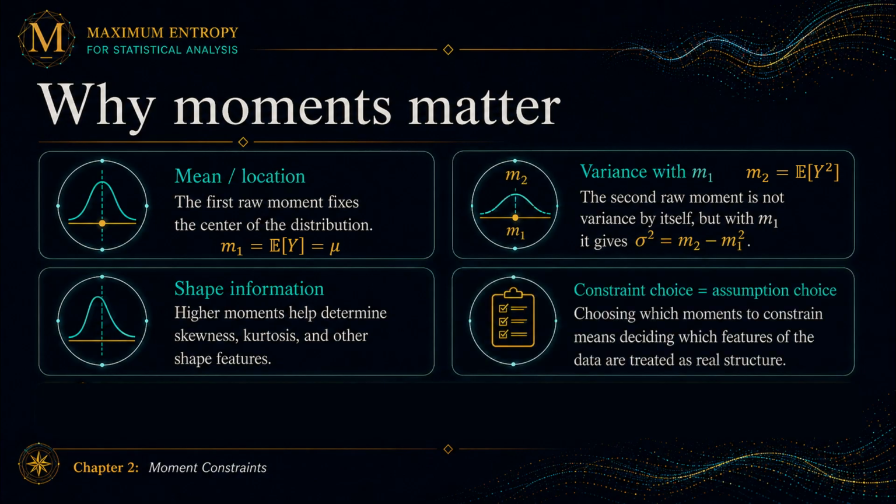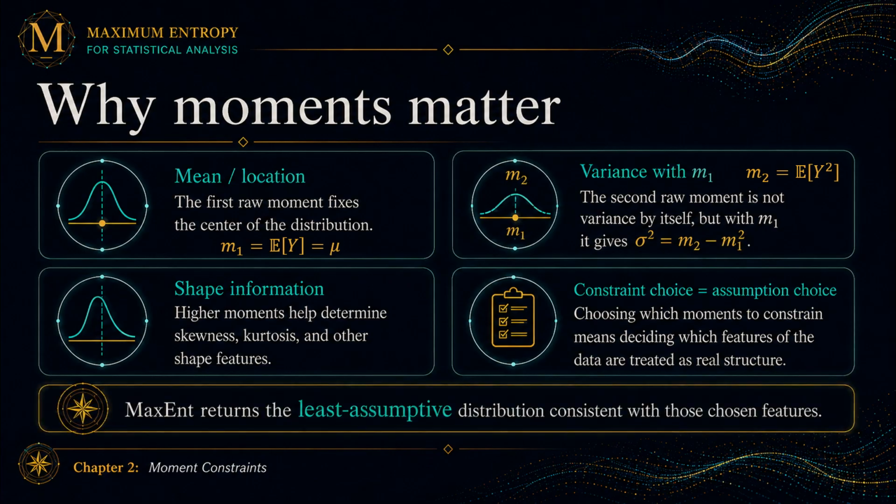Okay? Now, what's important is that these moments that we are choosing to constrain are an assumption that we're making about our data. That's what it is. We're saying that these moments are relevant for our data generating mechanism. Okay?